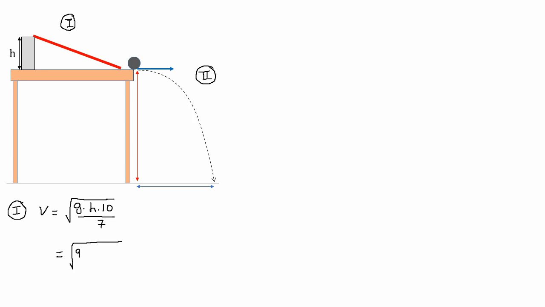So g being 9.8, multiplied by height 0.09, multiplied by 10 over 7, that gives us the velocity as 1.1225 meters per second.